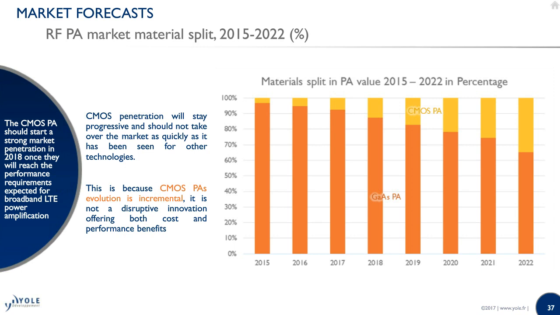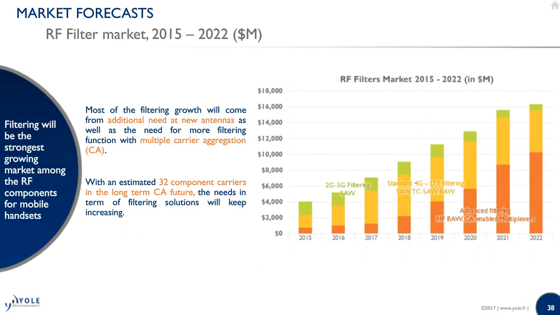But it's not going to be a revolution, it's really an incremental evolution, and we believe gallium arsenide for the sub-6 gigahertz components will still be the dominant technology. Now, if we look at the second component, the filtering, these highly dynamic markets.